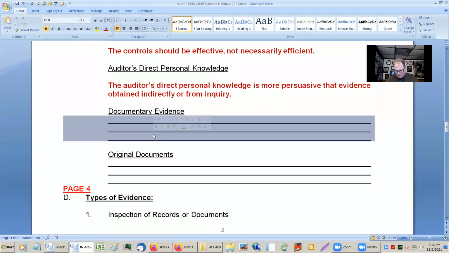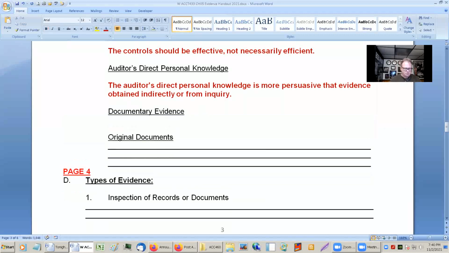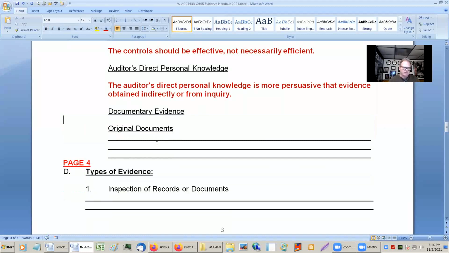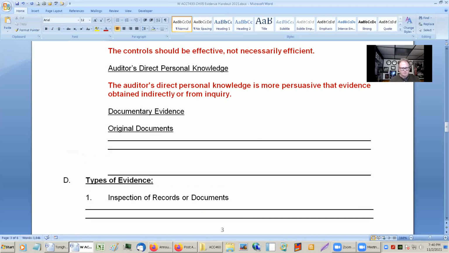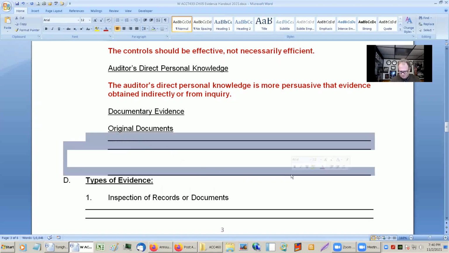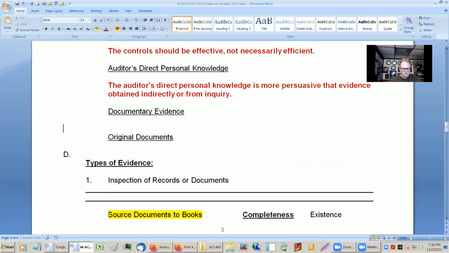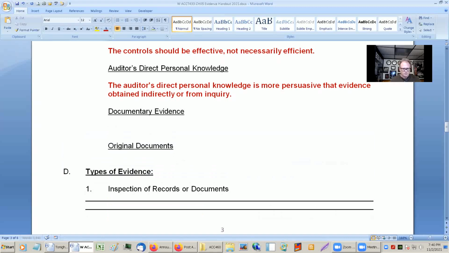Okay, documentary evidence. I think I'm going to put these two together. Documentary evidence, this is to support.